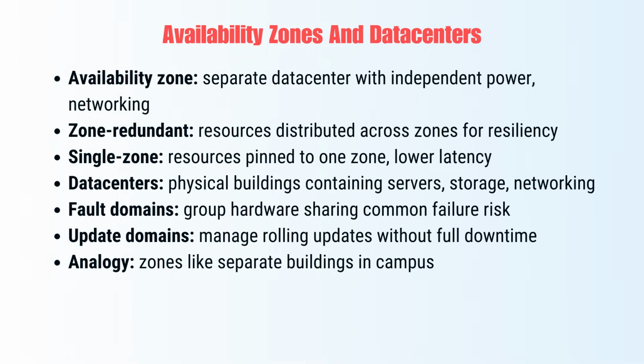You'll also hear about fault domains and update domains. Fault domains group resources that share a common power source or network switch, while update domains control how planned maintenance is rolled out. Together, they help reduce the risk of simultaneous failures.